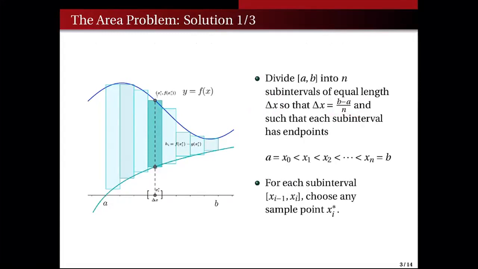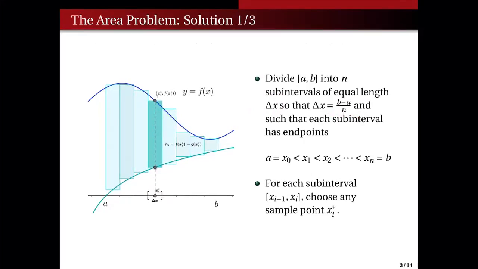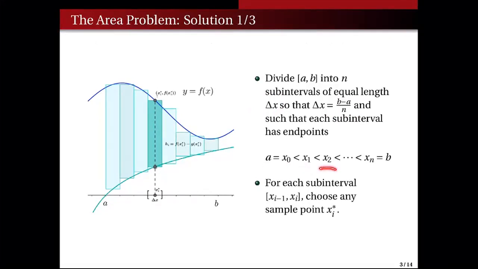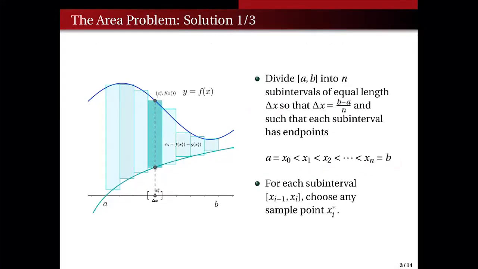Let us name the endpoints of these subintervals. We start with x sub 0, which is equal to a, less than x sub 1, less than x sub 2, and so on, until x sub n, which is b. That will be the b here.